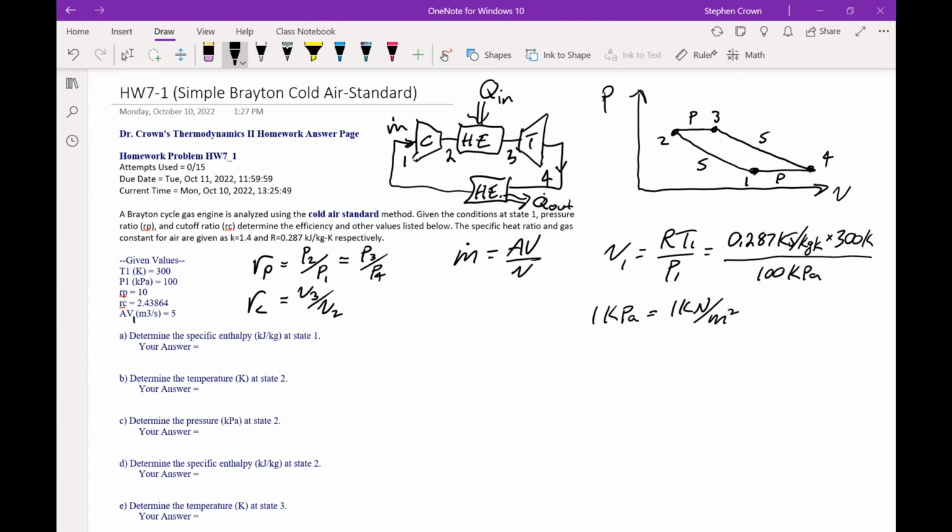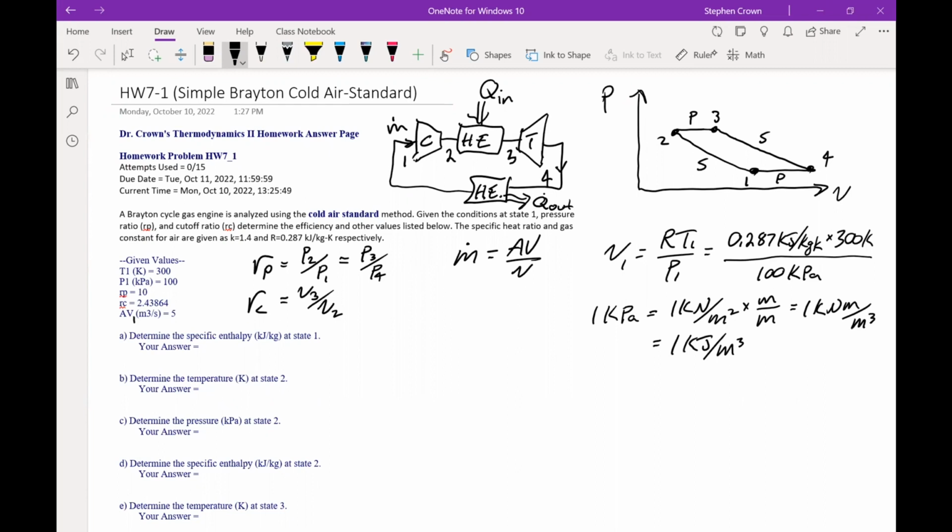So getting a little closer, if I multiply times meters, divide by meters, then I'll get a kilonewton meter per cubic meter. And a Newton meter is a kilojoule. So finally I get 1 kilojoule per meter cubed is a kilopascal.